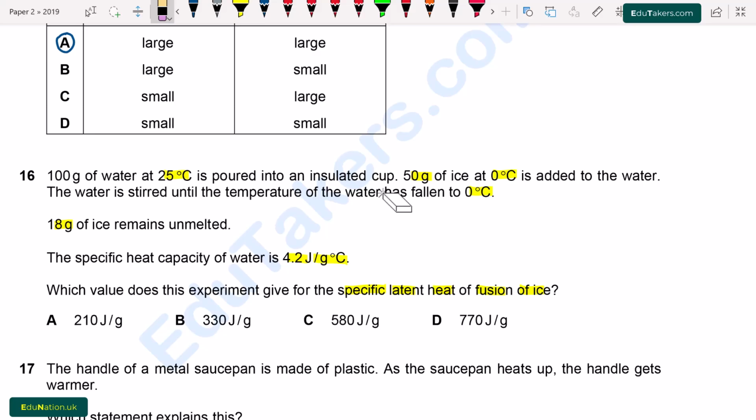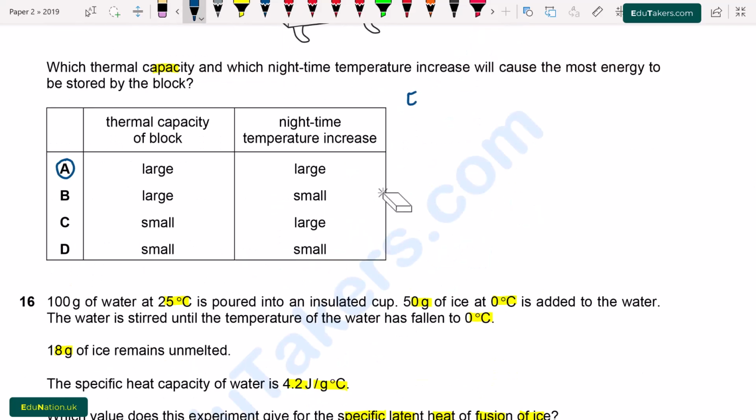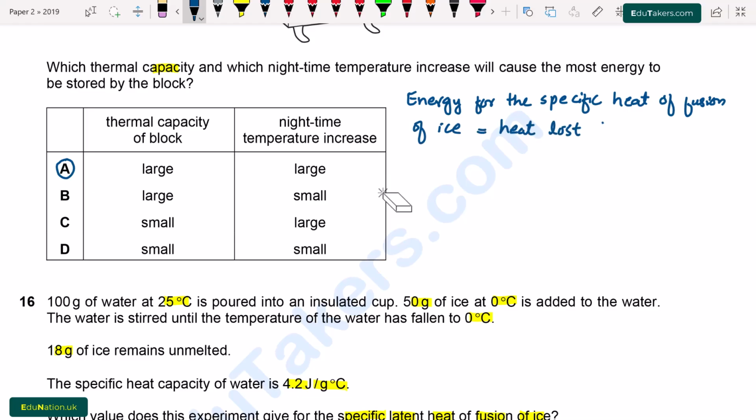It means that the energy for the latent heat of fusion of ice will be equal to the heat or energy lost by water.